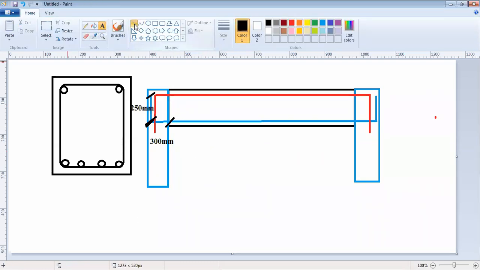Then in the curvature, what happens if I extend this picture? It will be something like this. This is the tension bar.